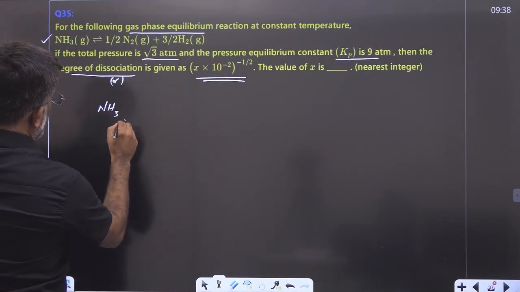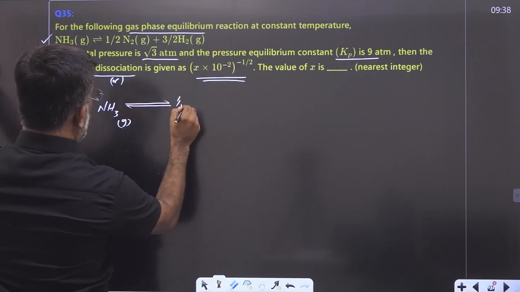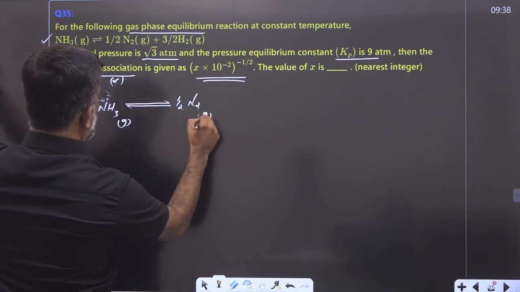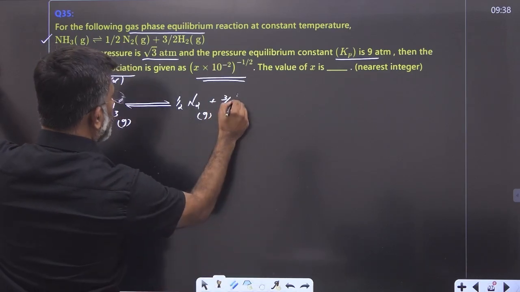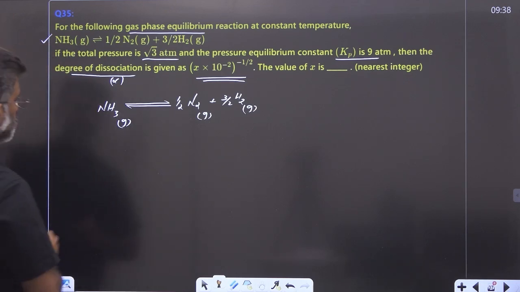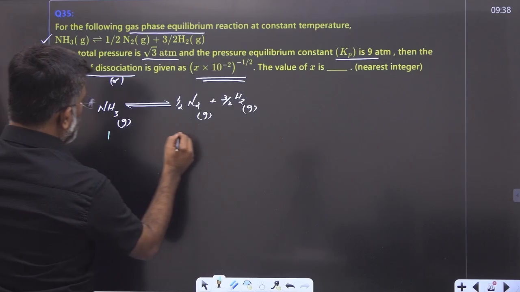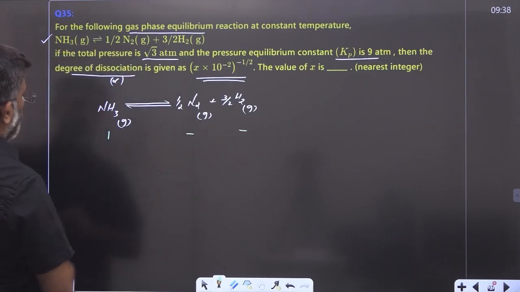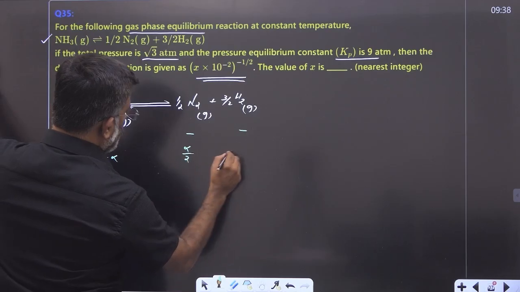It is ammonia gas giving half N2 gas plus 3 by 2 H2 gas. Okay. Starting with 1 mole, here 0. So here it is 1 minus alpha. Here you will get alpha by 2.